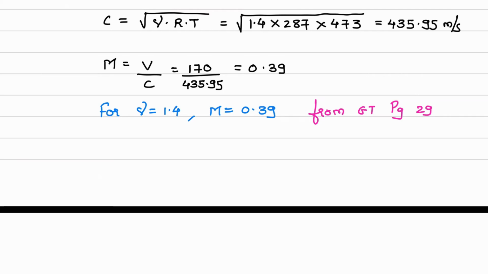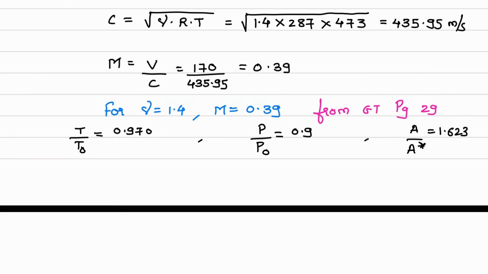First is T by T0, which we have read: 0.970. Then the second value, P by P0, is 0.9, and the last value was A by A star. The A by A star value is 1.623.